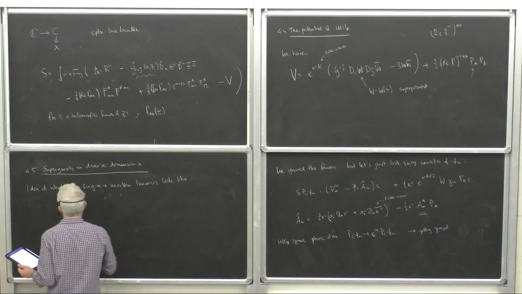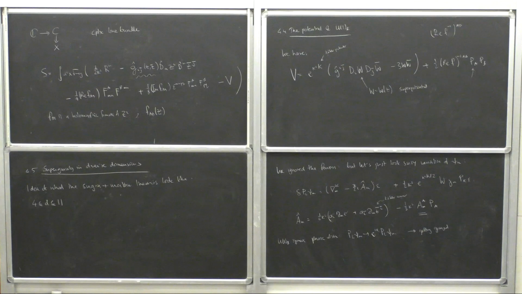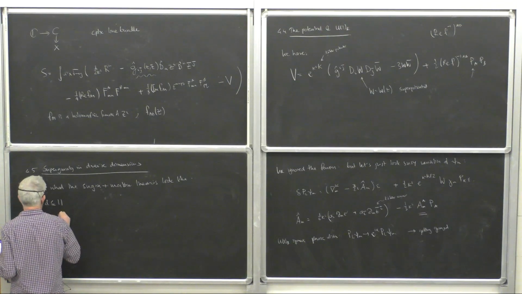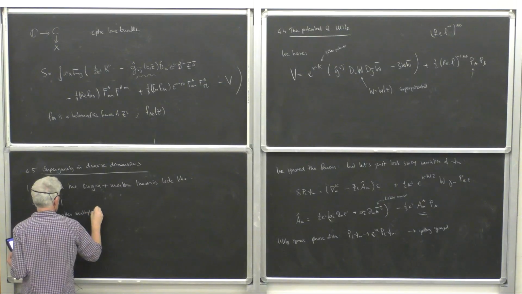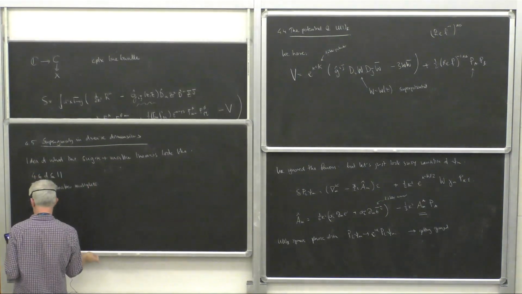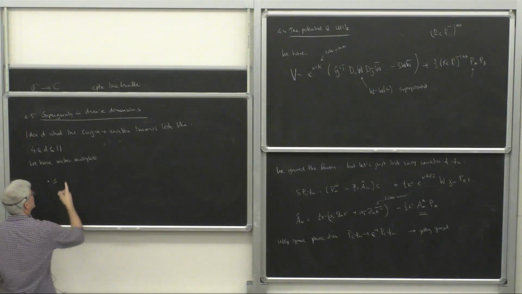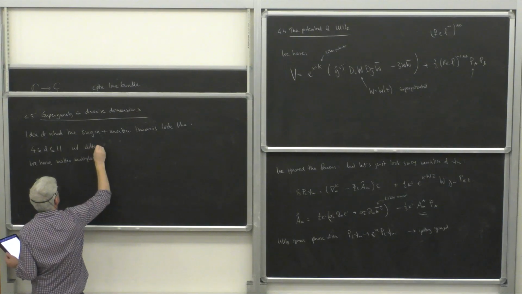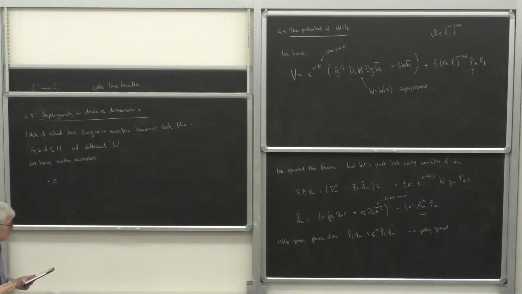And we'll look at the dimensions between 4 and 11. So in each case, we have matter multiplets. And I'll label them in the following way. I'm also going to allow myself to have different numbers of supersymmetries, n, in each case.